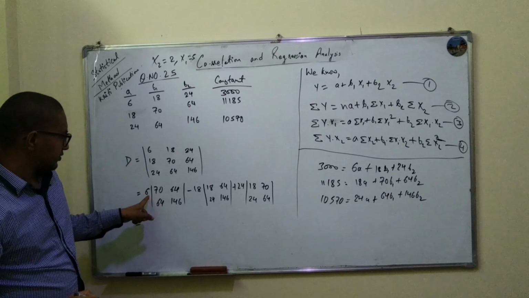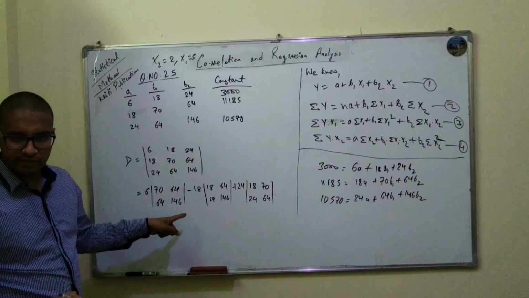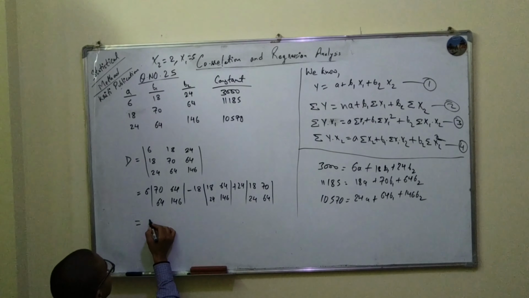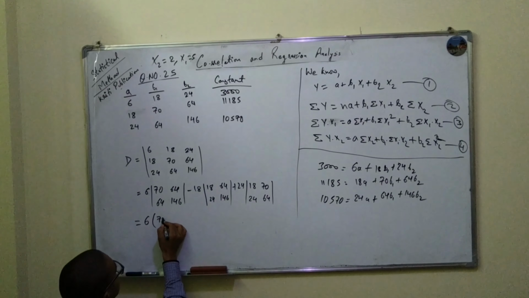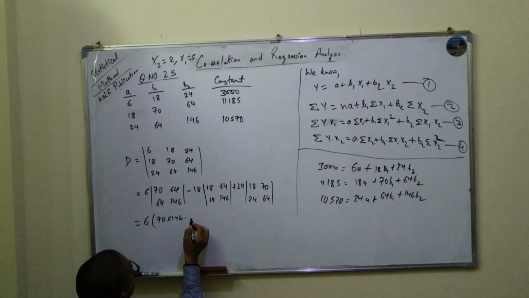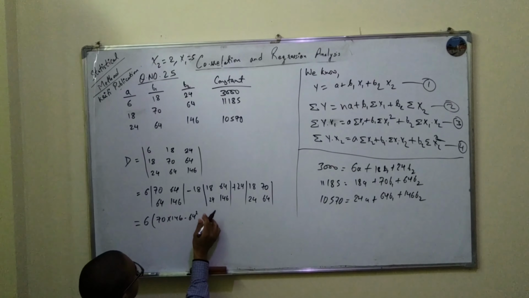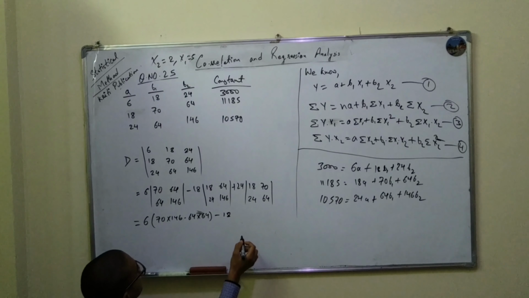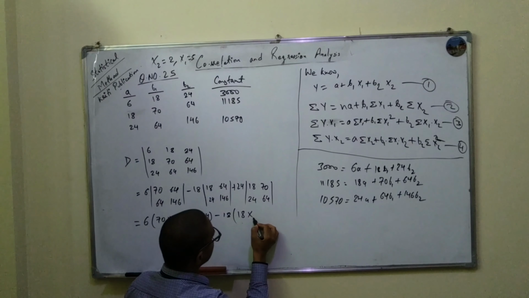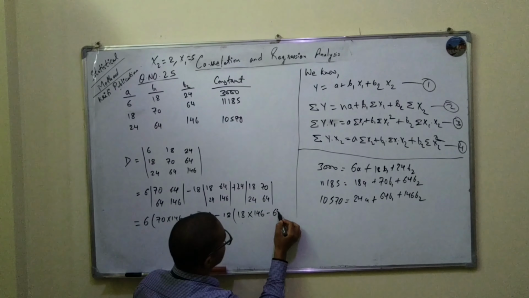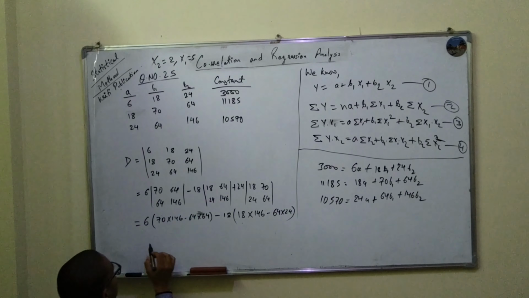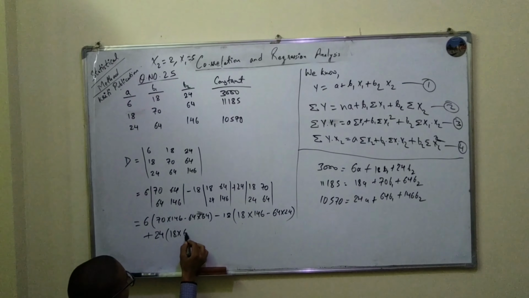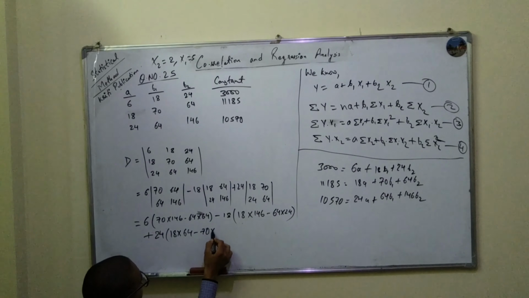So how do we compute this? It's basically 6 times 70 into 146. I'll just write it down as well, easier for you. So it would be 6 times (70 into 146 minus 64 squared, or 64 into 64), minus 18 times (18 into 146 minus 64 into 24), plus 24 times (18 into 64 minus 70 into 24).